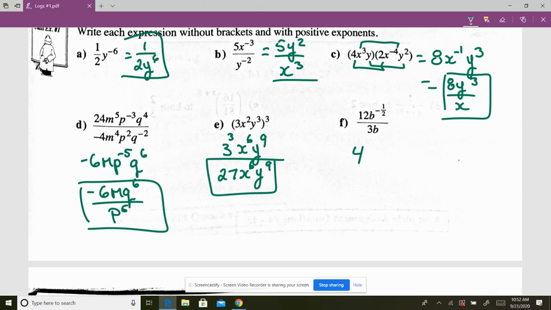You can, but what do you do with the exponents when you're dividing? Subtract them, right? So I'm just going to do this off to the side: b to the -1/2 minus 1, right? Because this b has a 1 there. So what's negative 1/2 minus 1?